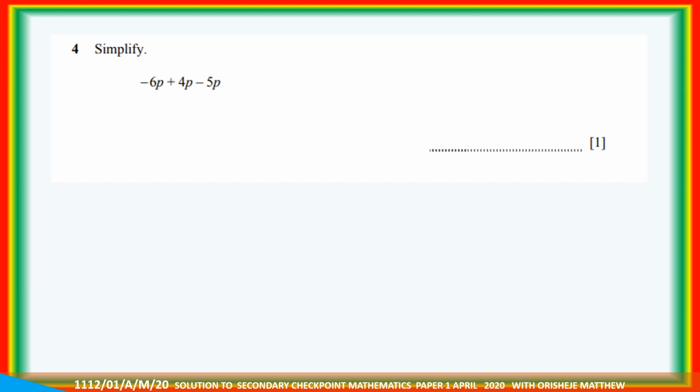Let's go to question 4. Question 4 had to do with simplification, algebra. Simplify negative 6p plus 4p, take away 5p. So you can do this by adding the negative numbers together. So you have negative 6, negative 5, that will give me negative 11, then plus positive 4p.